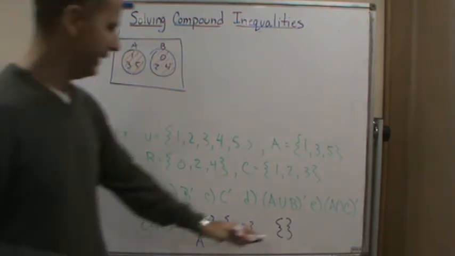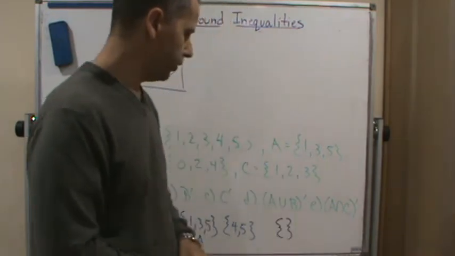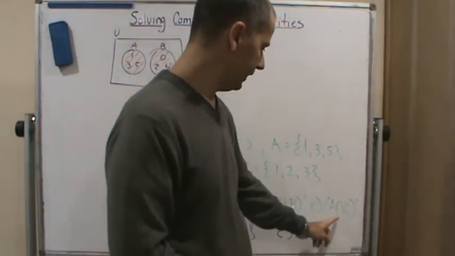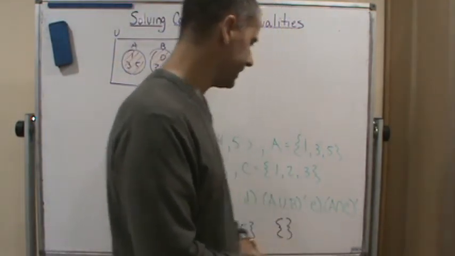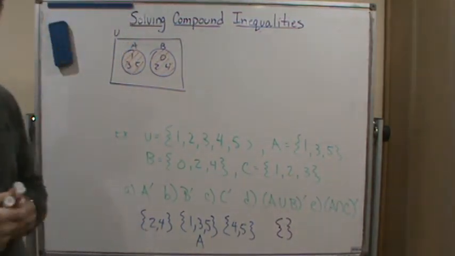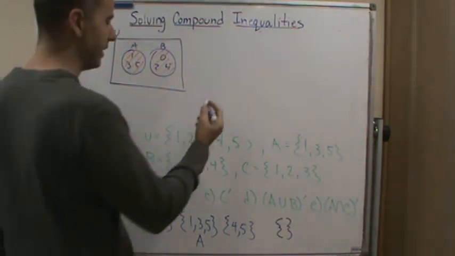Okay, let's do E. Now we're going to take the complement of the intersection of A and C. First of all, we need to know what the intersection of A and C is.